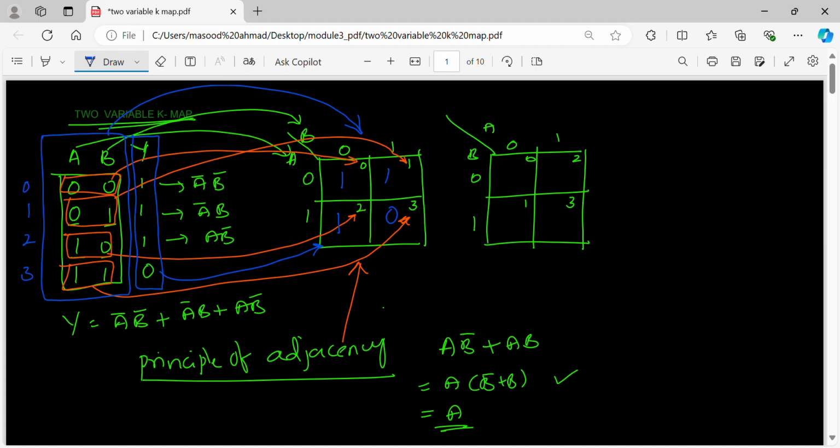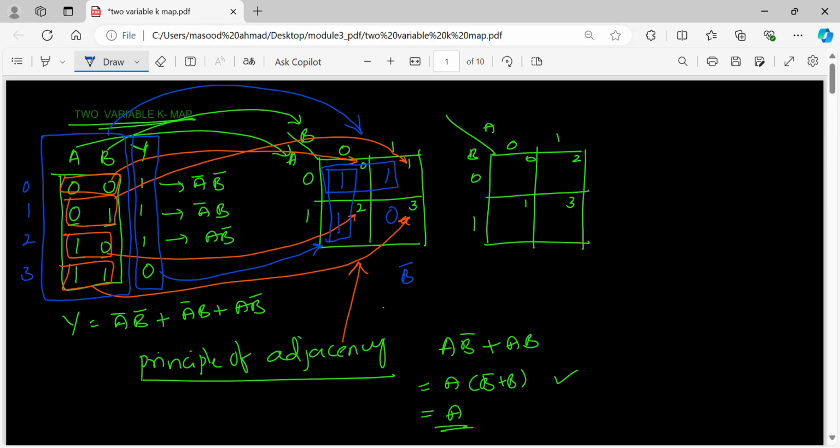I can work with min terms or max terms. I would like to work with min terms. I'll combine these two, they are adjacent, and I can combine these two, they are adjacent. In this group, 0 and 1, A is changing, so A got eliminated. I am left with B bar.